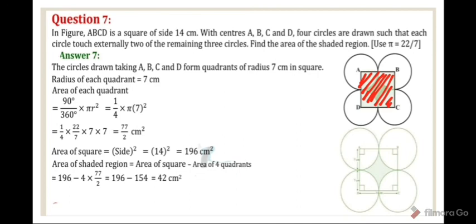Now you will subtract the area of this quadrant, this quadrant, this quadrant and this quadrant from the area of the square. Then you will get the area of this middle part. Very easy. So let's check the solution.